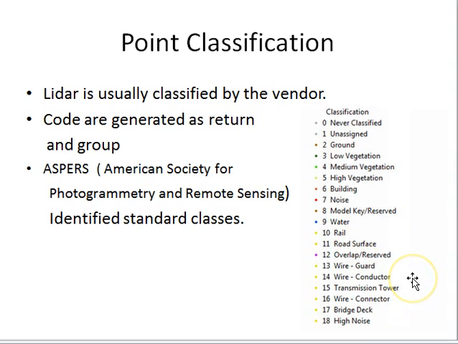Transmission towers, wires, you can go through your LiDAR and just select based on that classification and pull out those elements. We are not that lucky to have that detailed classification, and it's really expensive to get a vendor who will do that type of work.